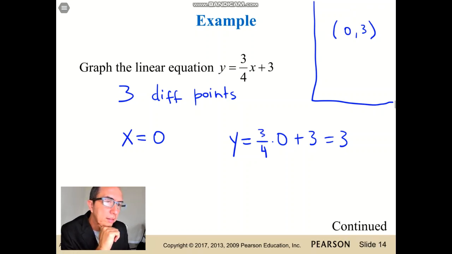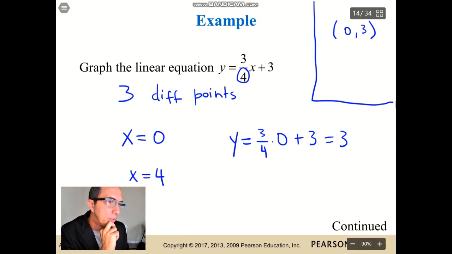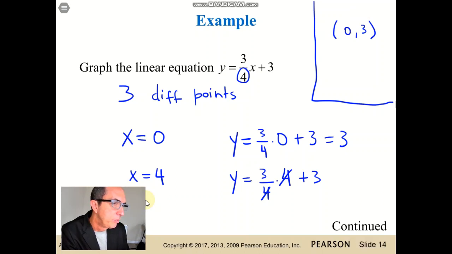Next value that I will assume for x, since there's this denominator 4, I will assume x equals 4, because when I calculate here y equals 3/4 times x 4 plus 3, then I can simplify, and we will have y equals 3 plus 3, 6.